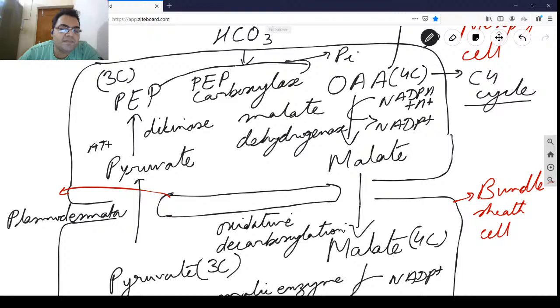Here ATP plus Pi will be converted into AMP plus pyrophosphate, which is a double phosphate, PPi. I'll explain to you how this reaction happens. Why is it known as dikinase, not simple kinase? Just hold on.